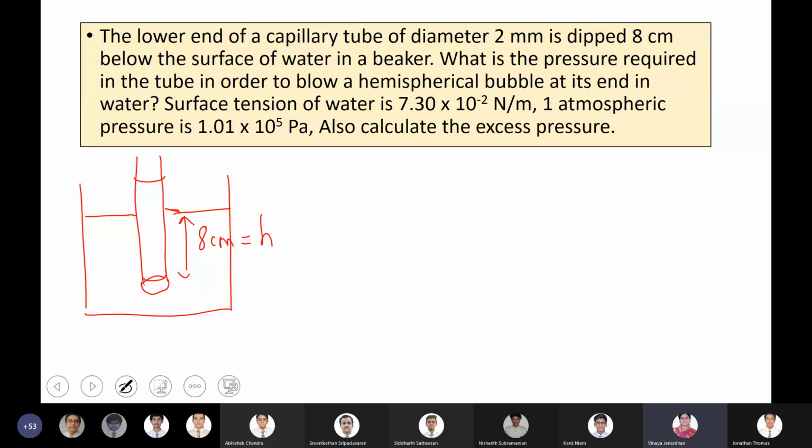How will you do this? So you have the lower end of a capillary tube of diameter 2 millimeter, and then it's a hemispherical bubble at the lower end of the tube in water.